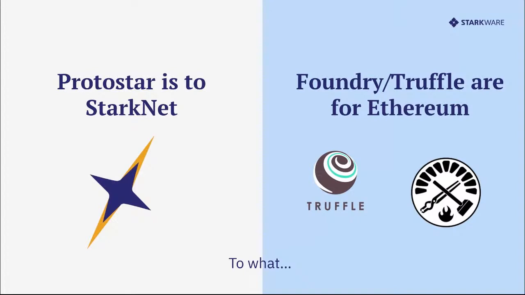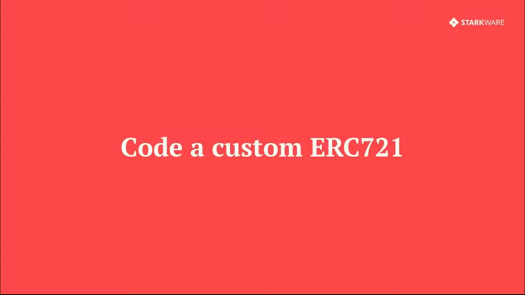And from Truffle, we'll be taking the migrations part, which is very relevant too. So today we're going to be focusing on unit testing because the migrations are not yet fully developed. They are in the works by the Protostar team, but soon you will be able to use them and they will be very, very useful when that time comes.